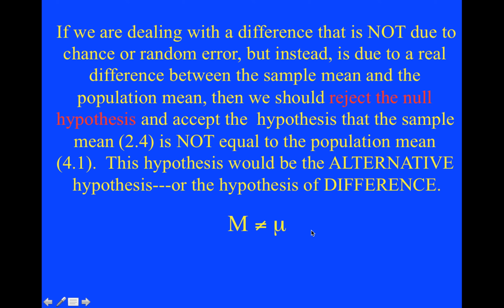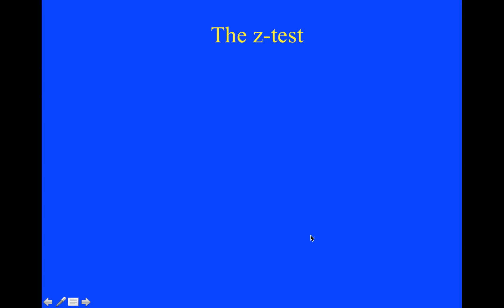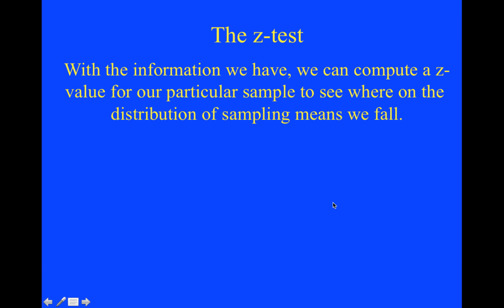We would represent it this way: M is not equal to mu. That 2.4 is not equal to 4.1. That's the alternative hypothesis. So now we actually do the z-test. Based on the information we have, we can compute a z-score, or z-value, for our particular sample to see where on the distribution of sampling means we fall.